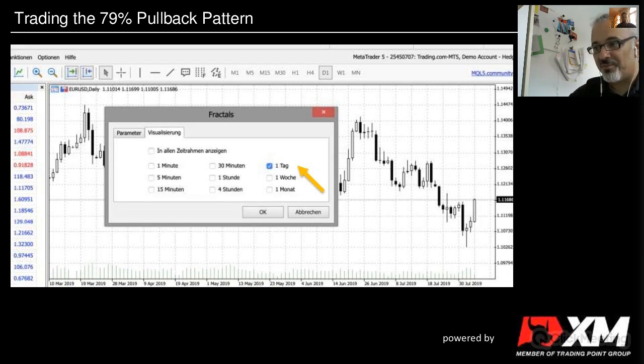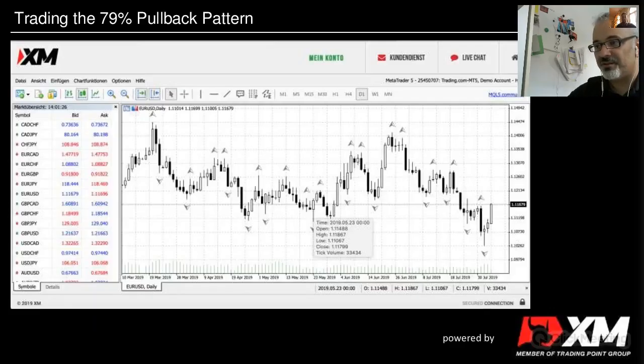In the properties, you have to activate the daily part, and then you will see it on MT4 like this: the arrows up and the arrows down, above and below the candles.